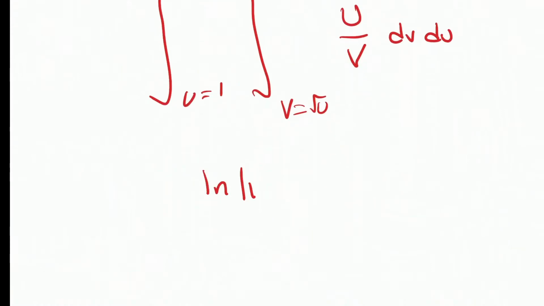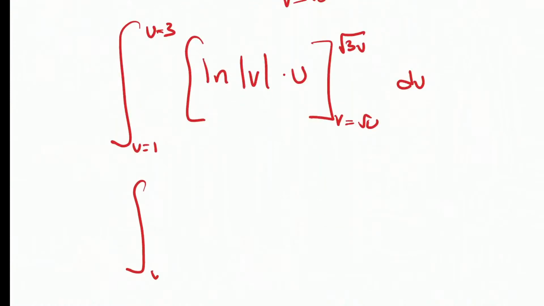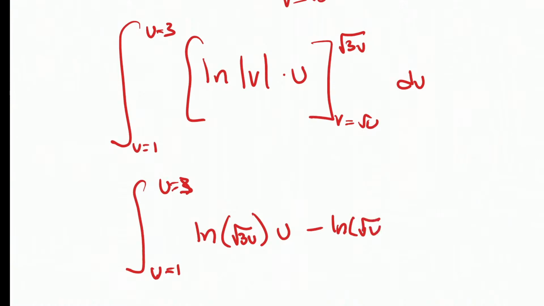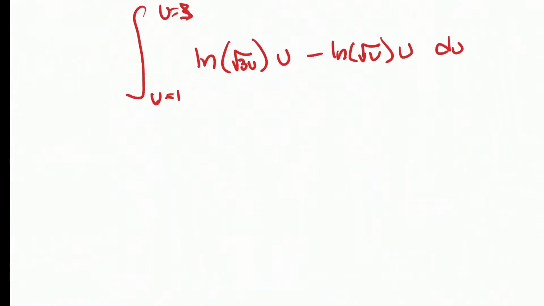This is going to be natural log of v times u, evaluated from u equals 1 to u equals 3. Natural log of square root of u times u. Oh, sorry, 3u. Upper limit first. That's no good.